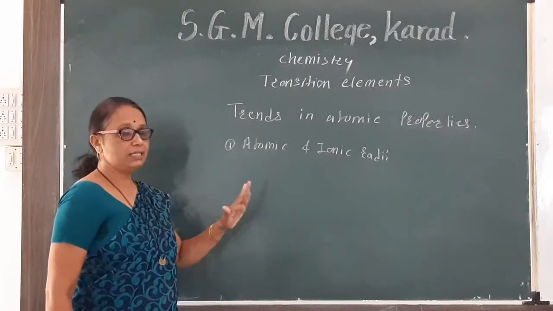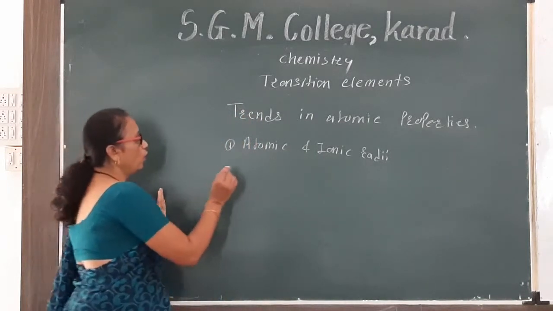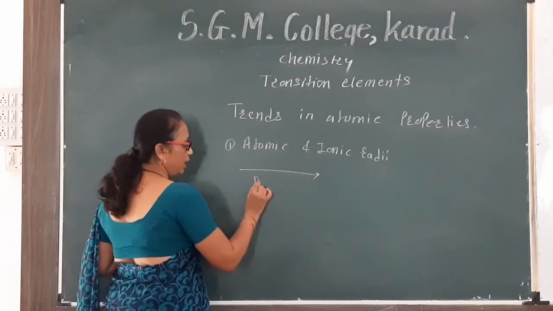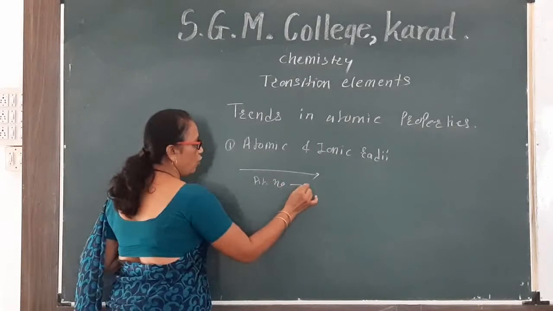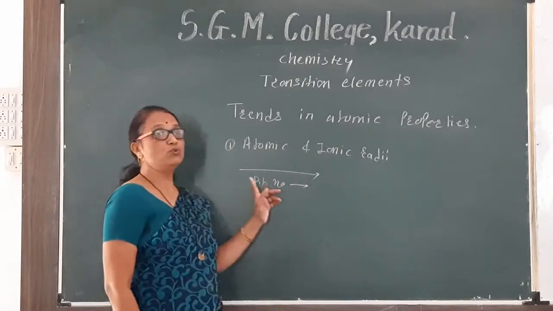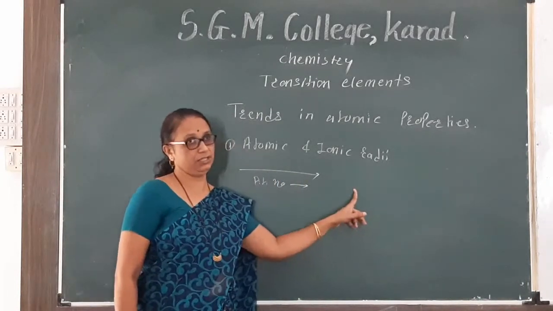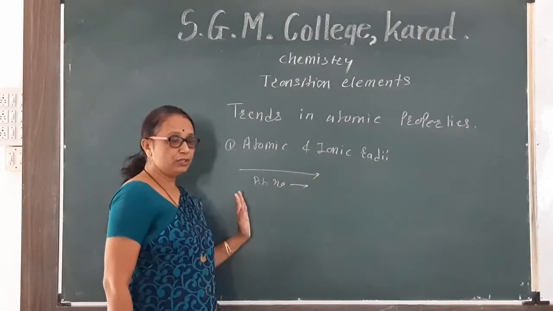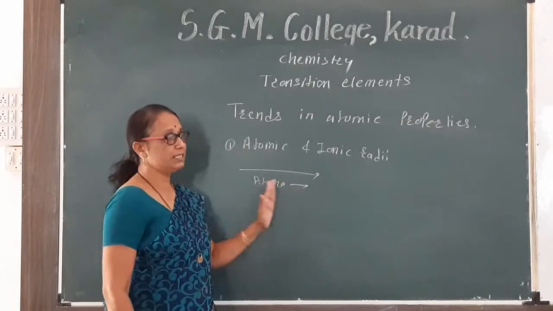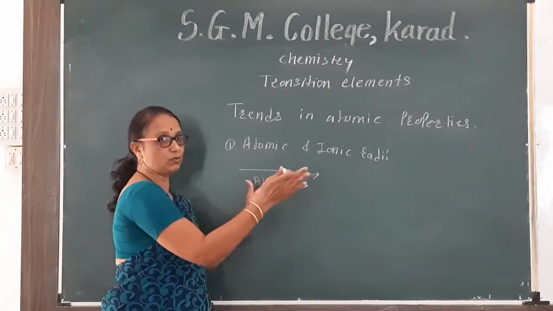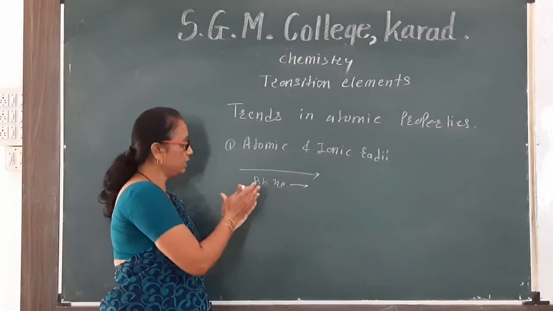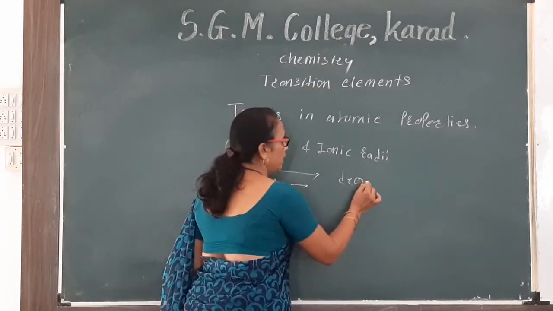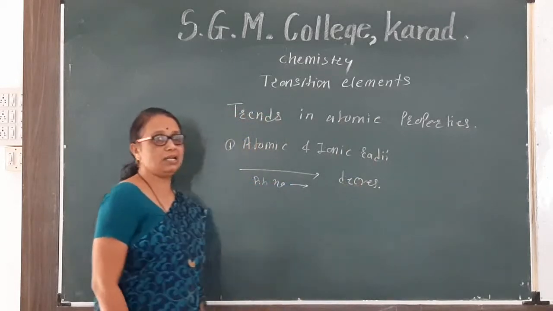In all transition elements, as we go from left to right, the atomic number increases. As atomic number increases, the nuclear charge increases and outer electrons also increase. Effective nuclear charge also increases and the attraction between nucleus and electrons increases, and hence from left to right the atomic radius decreases in general.